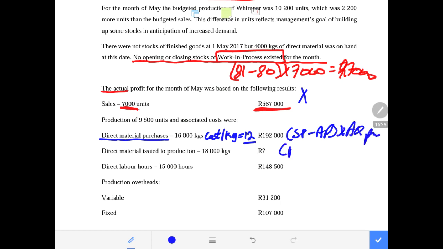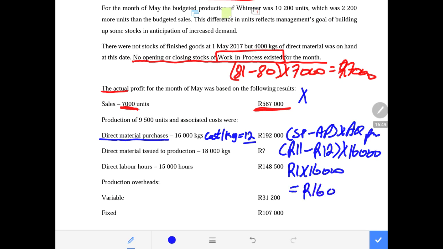So our standard price is 11 rand. Actual price is 12 rand. Times this by 16,000 kgs of material, the actual quantities that were bought. Now the variance here will be times 16,000. It will give us an unfavorable variance of 16,000 rands.